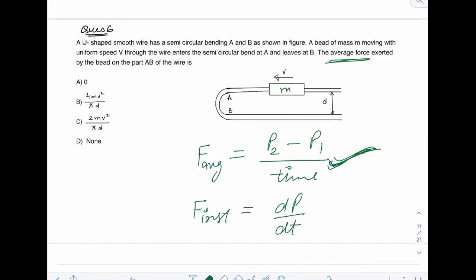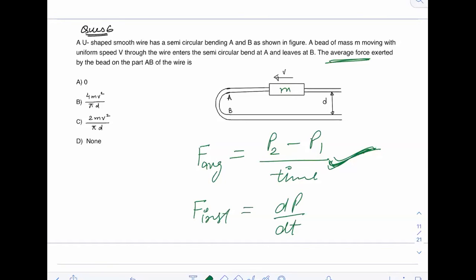Okay, I got one answer, 0. Someone has written 2 mv as the change in momentum. Anybody else? Any other answer?